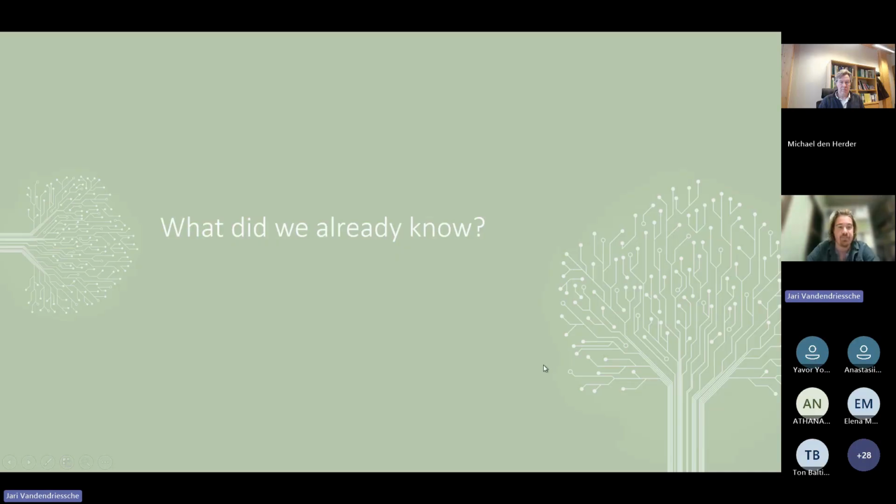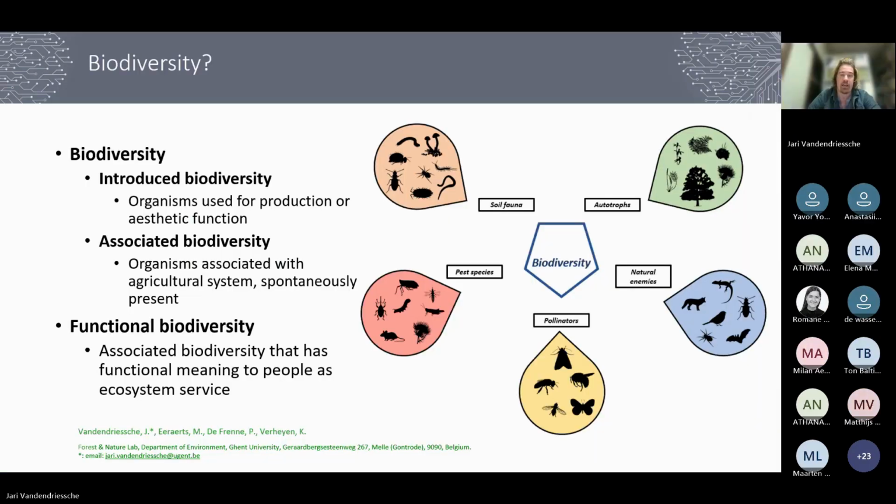So I'm going to start with what we actually already knew about biodiversity aspects within agroforestry systems. And as for first, what is biodiversity? It's a very complex topic.